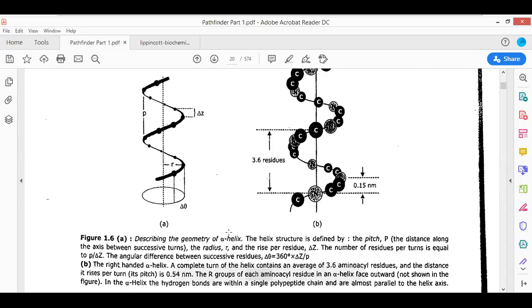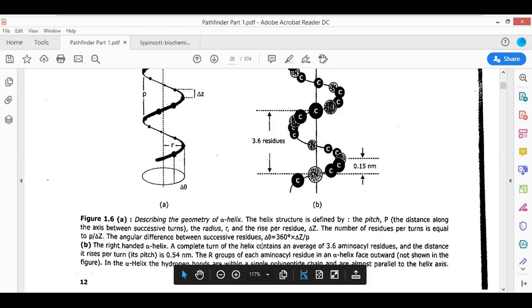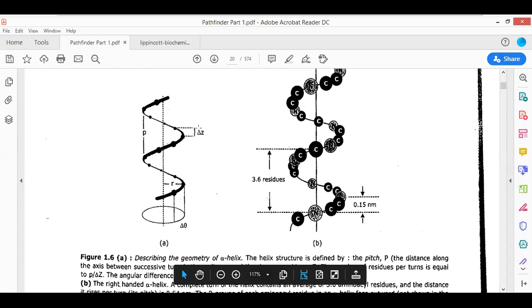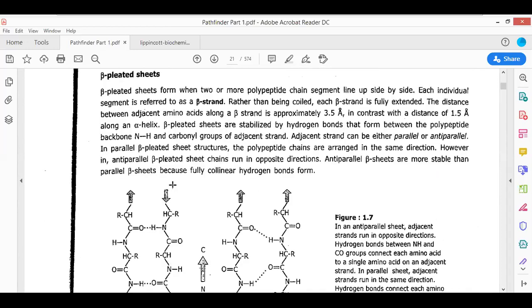Now, the size of the polypeptide chain can be calculated using the formula delta theta equals 360 degrees times delta z divided by p, where p refers to pitch and delta z is the increase in height of the polypeptide by a single amino acid residue. R is the radius.